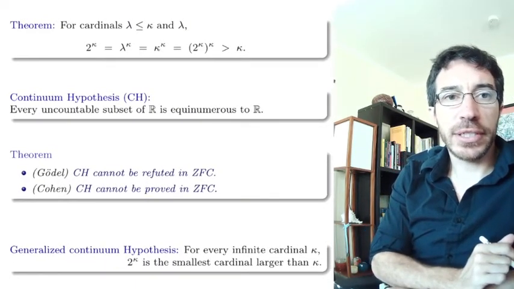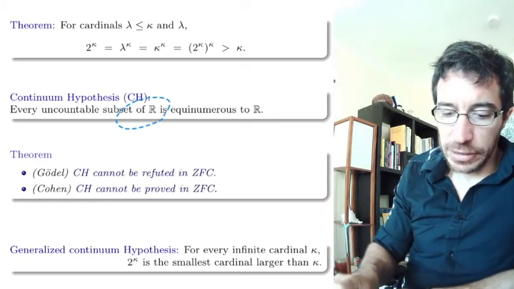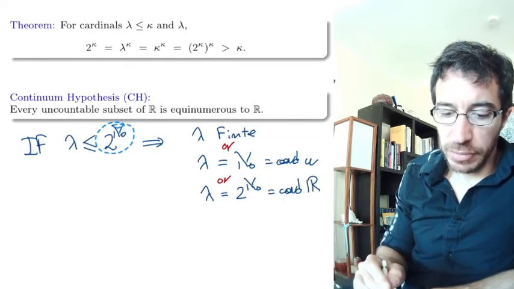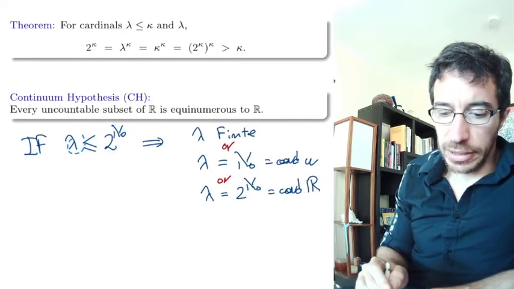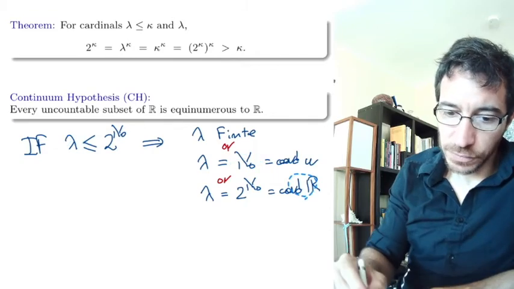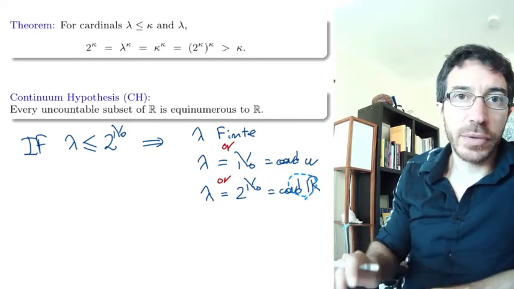It's more general, because CH is only for 2 to the aleph naught, and it says that if you are between aleph naught and 2 to the aleph naught, then you have to be one of the two.